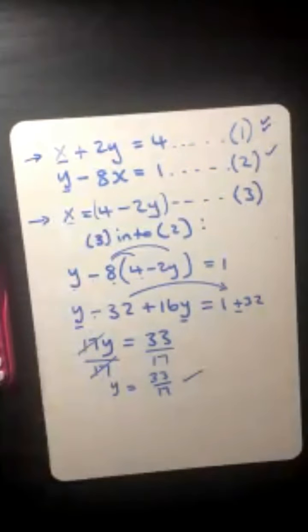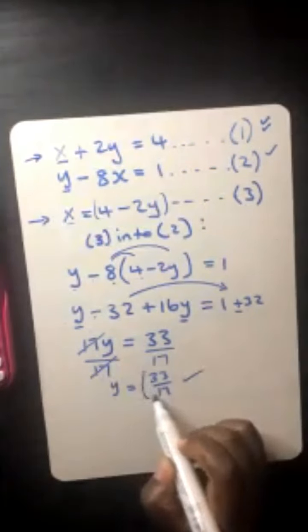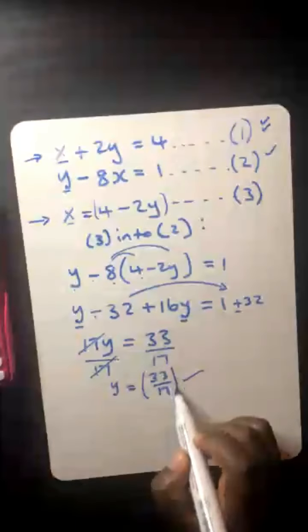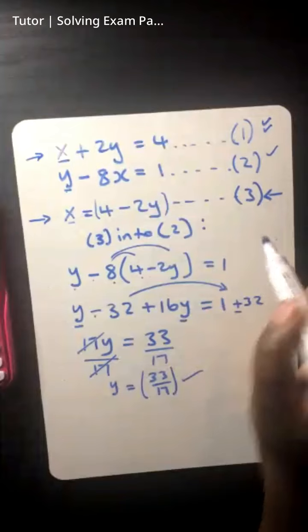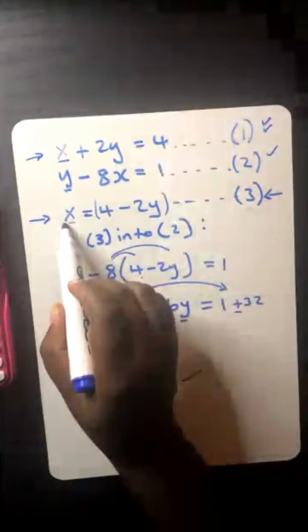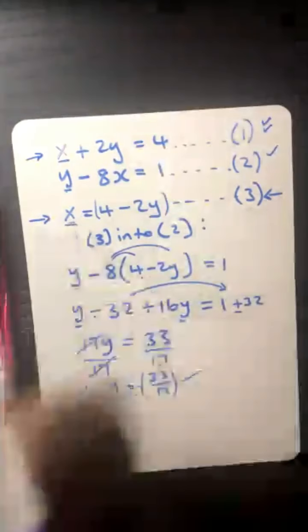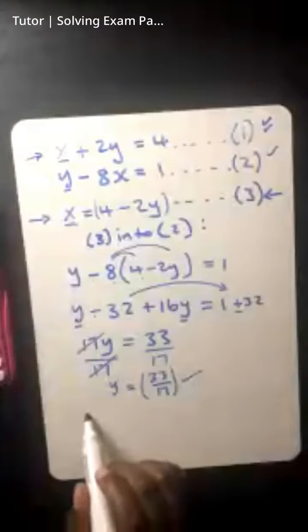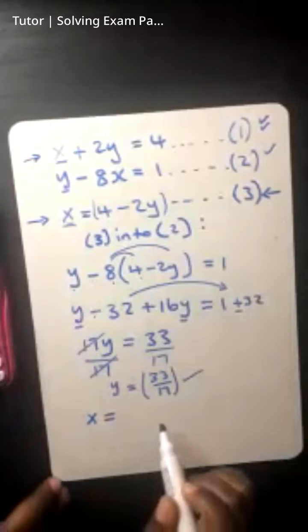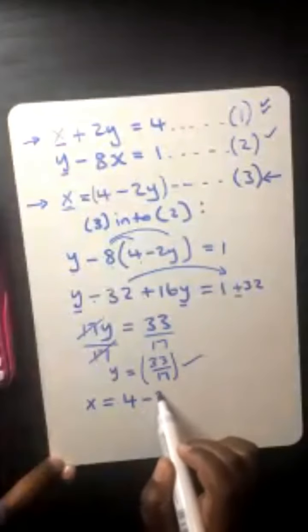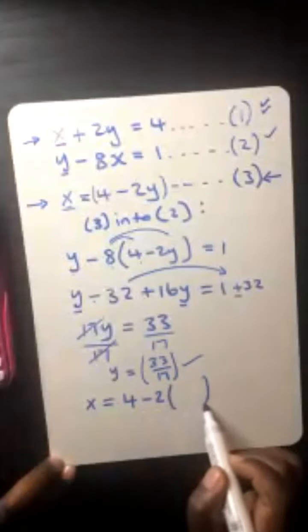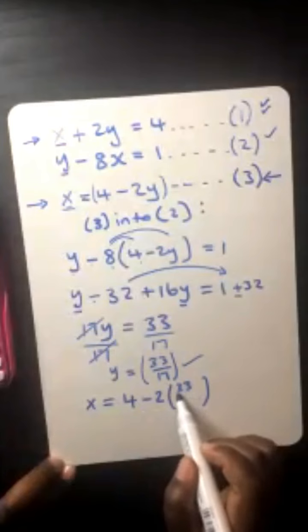So that means you substitute all of this into equation number 3. Why equation number 3? Because already we made x the subject of the formula. So that means x is going to be equals to 4 minus 2, wherever you see y, you substitute 33 over 17.